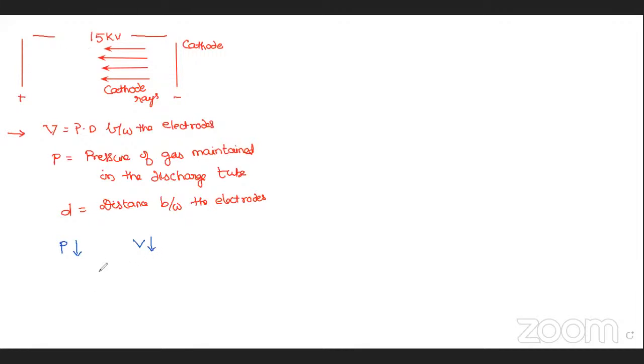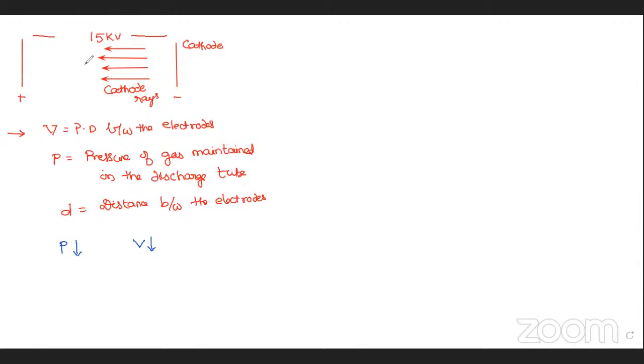Sir, but we won't see that light, it will be dark space only. When the pressure is very low, like 0.001, the disadvantage is that the probability of collisions with the particles is less.